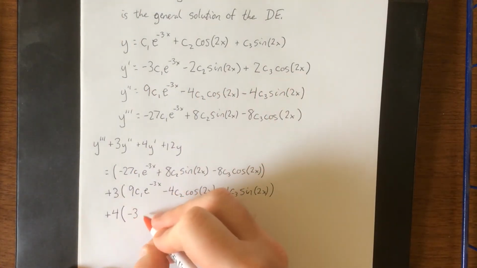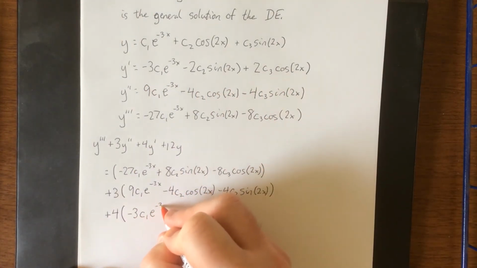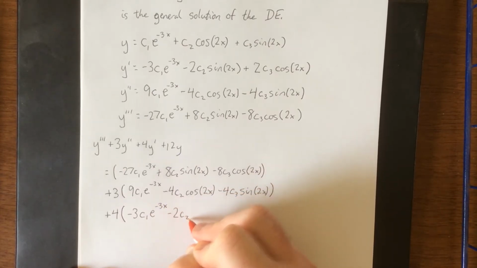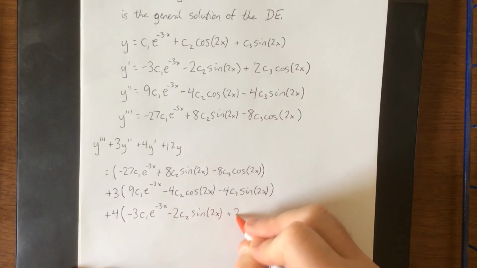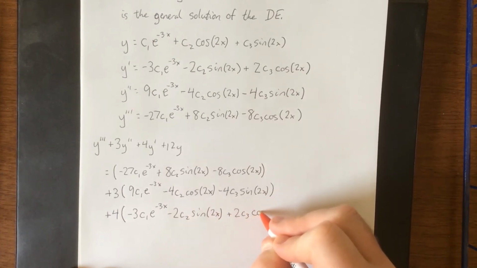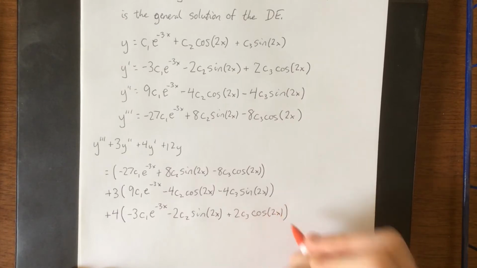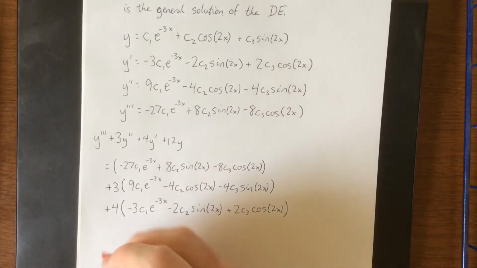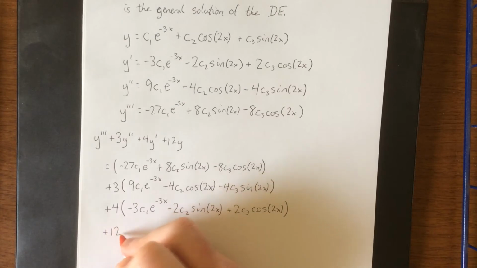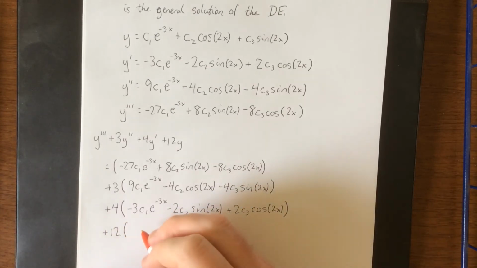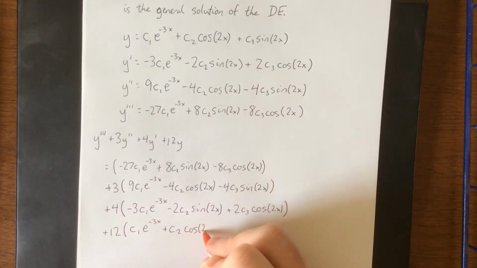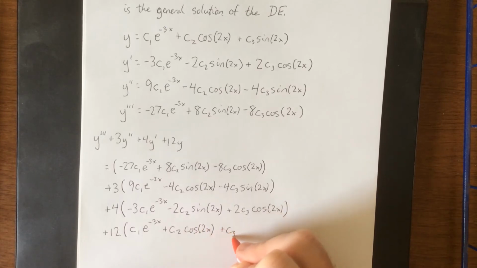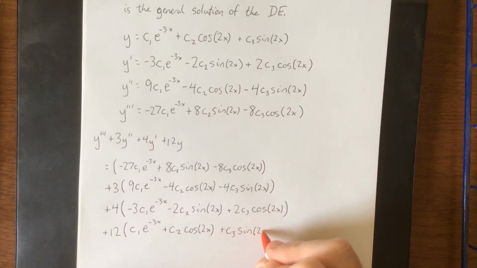That'll be negative 3 c1 e to the negative 3x minus 2 c2 times the sine of 2x plus 2 c3 times the cosine of 2x. And then finally plus 12 times the original function, that is c1 e to the negative 3x plus c2 cosine of 2x plus c3 times the sine of 2x.